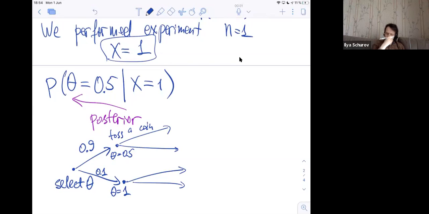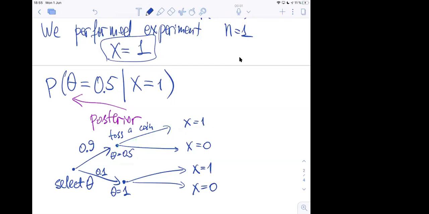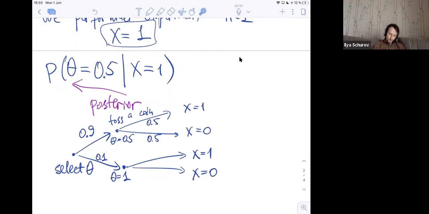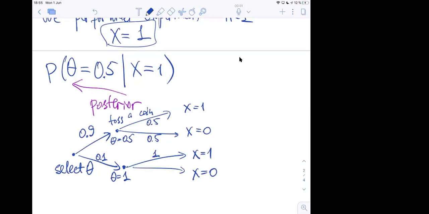And then I can either get x equals 1 or x equals 0. So if I have theta equals 0.5, under this condition, what is the probability that x equals 1? What should I write on this arrow? 0.5. Correct. So we have probability 0.5 here and 0.5 here. And what about these two arrows? 1 and 0. Correct.